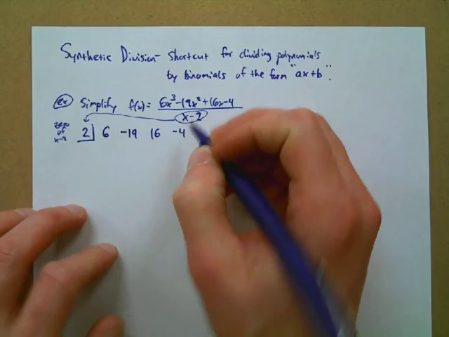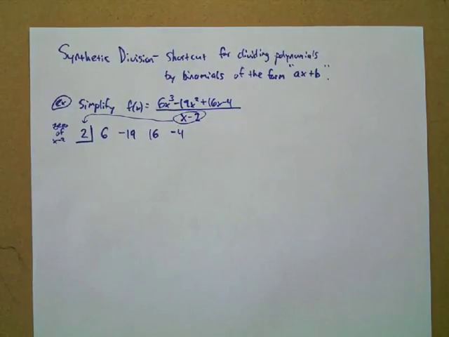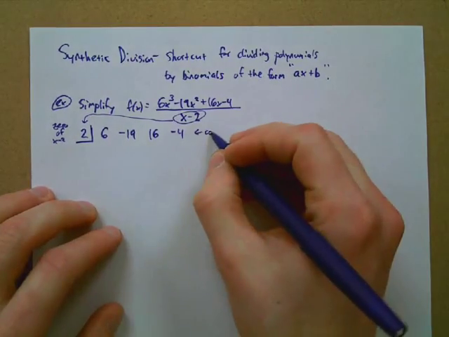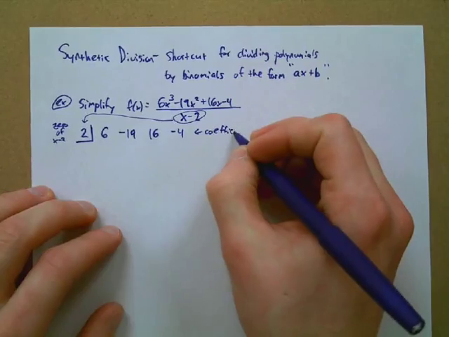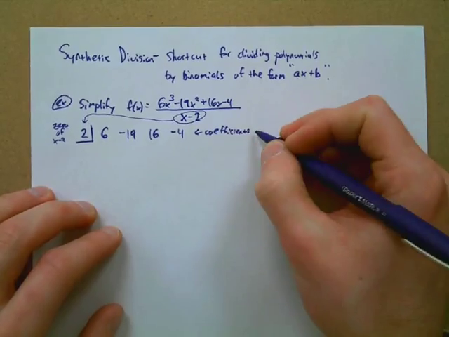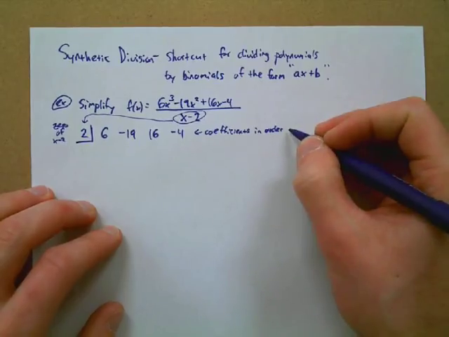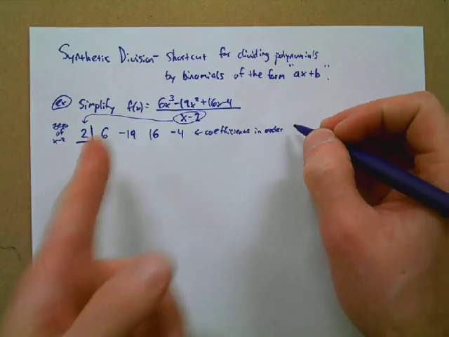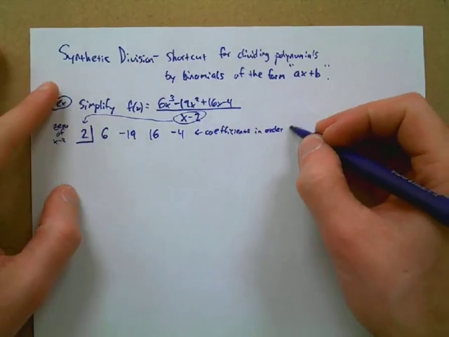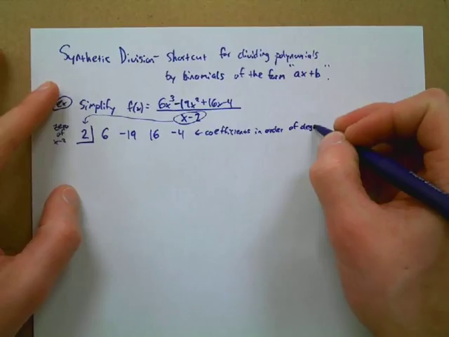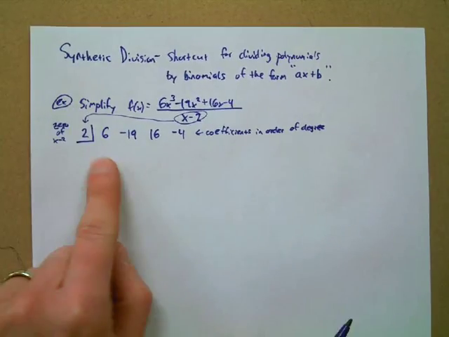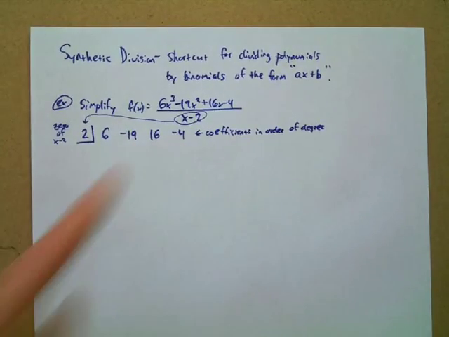So x cubed, then x squared, then the x, and the negative 4. And of course, you want to include placeholders if necessary. Then we'll leave a line, and we'll draw a little line right here, because we're going to put numbers down in here, right? So that's all of our setup.